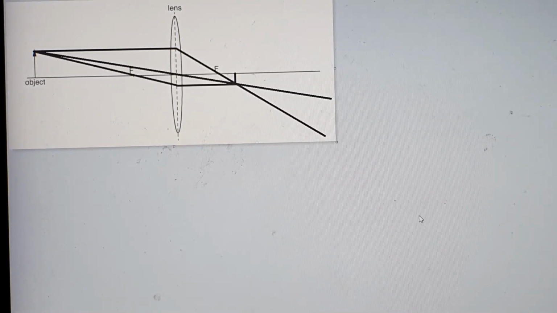Okay, so what is the explanation for the refraction of a convex lens? The refraction occurs at the boundary between two different media.